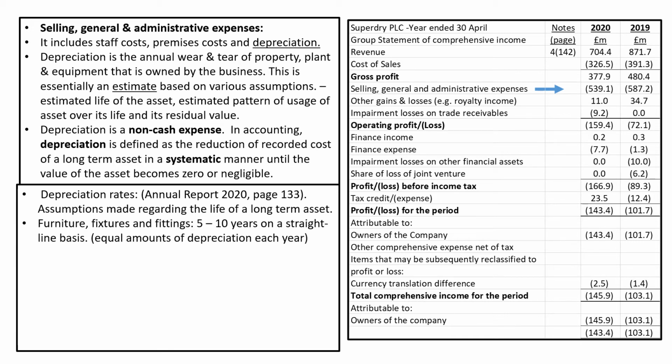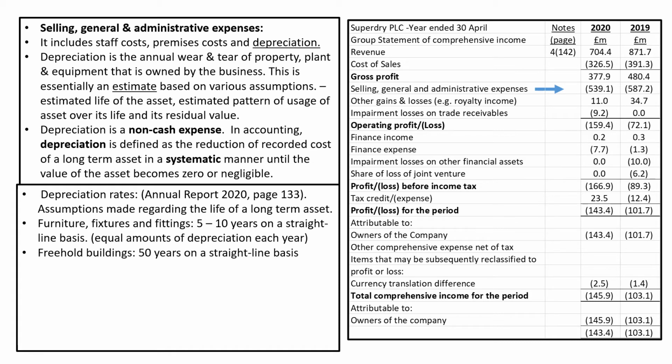For example, if you take furniture, fixtures and fittings, the life is between 5 and 10 years on a straight line basis. The word straight line means the amount of depreciation is written off equally over each year.